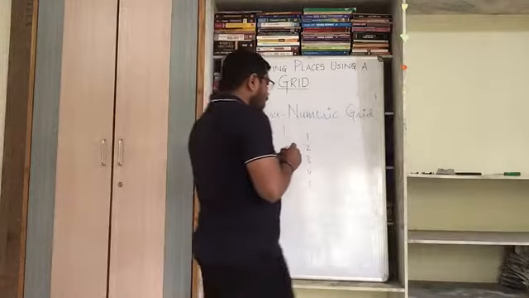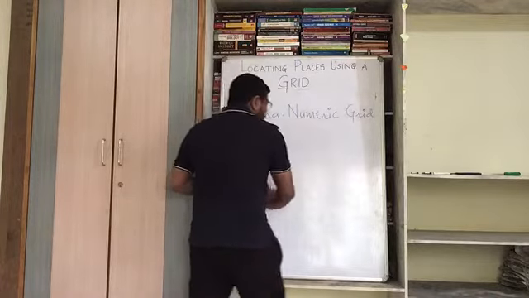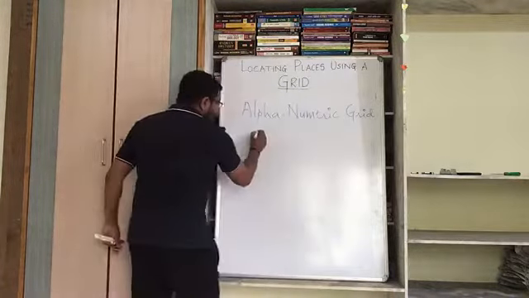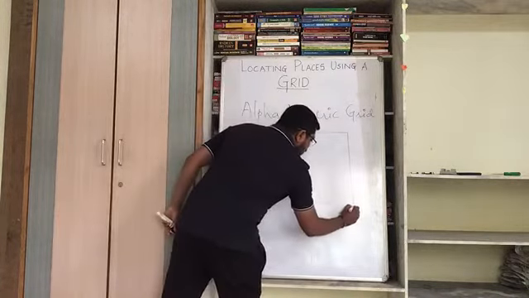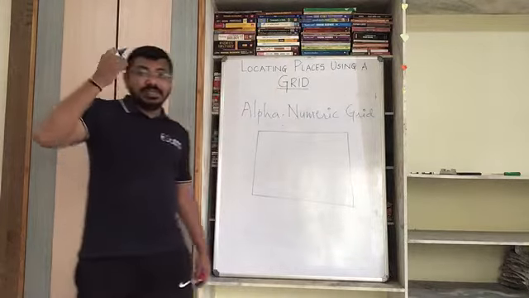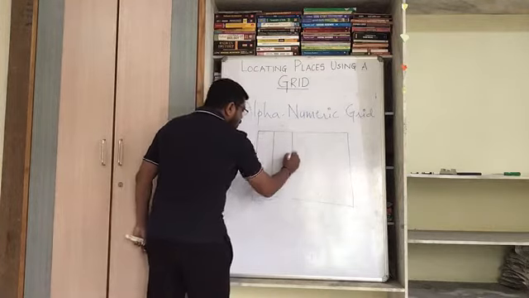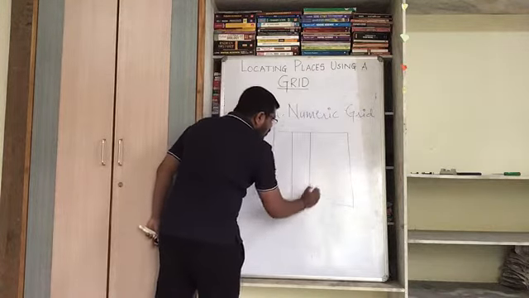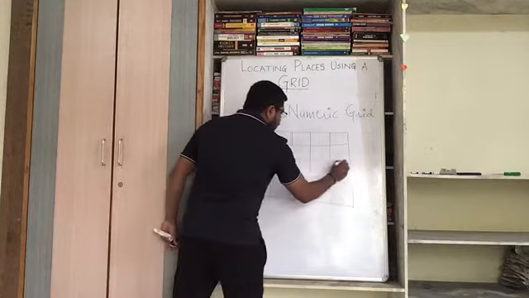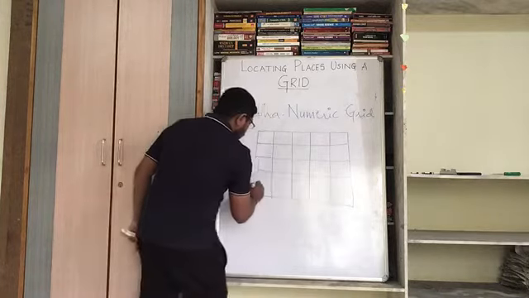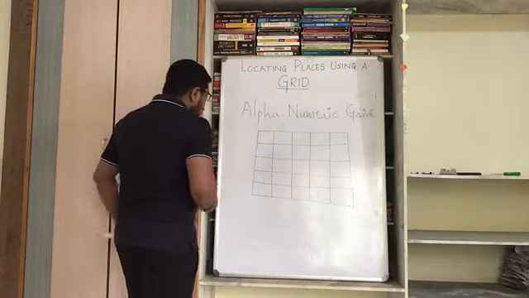So how to find out a location using alphanumeric grid? This is very simple. For example, this kind of square is given and there are columns and rows. Now each and every column and row is numbered.